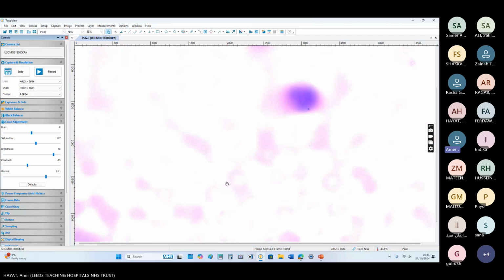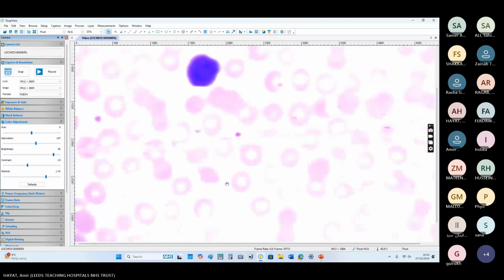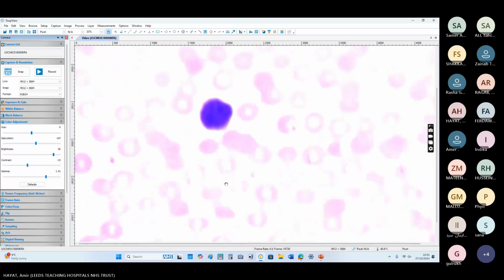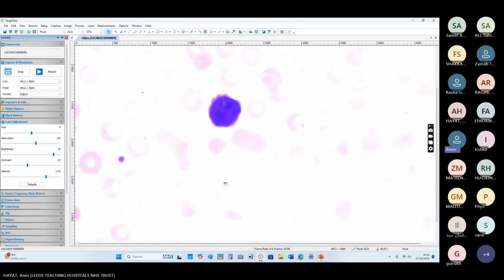So it has quite a lot of Sézary cells, but the typical appearance in which it has a central line in between and a cerebriform appearance on both sides, they are not here. But I think, can I ask a question?